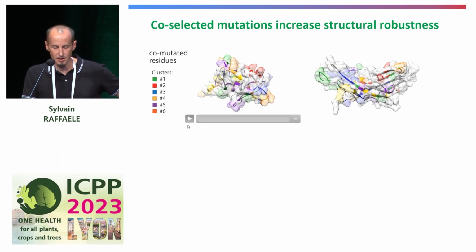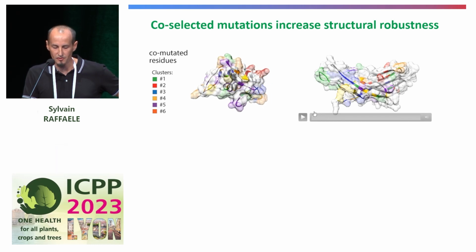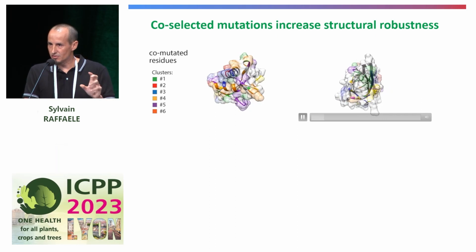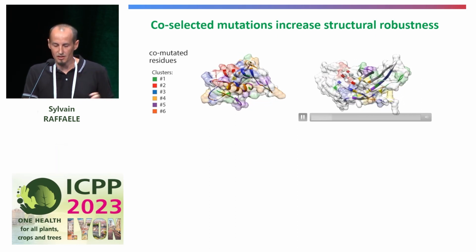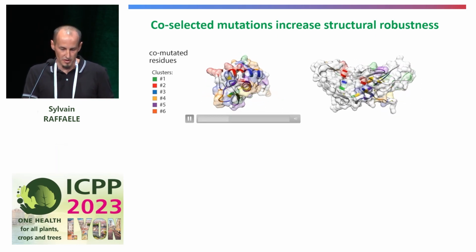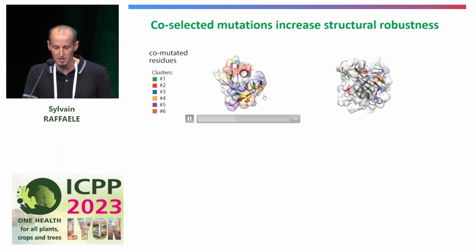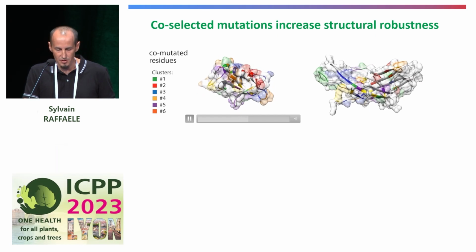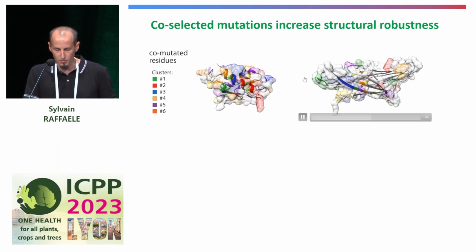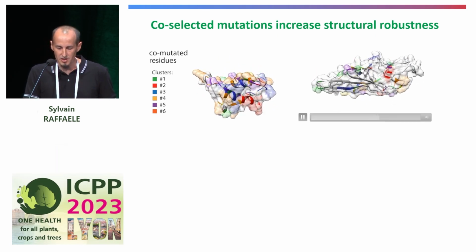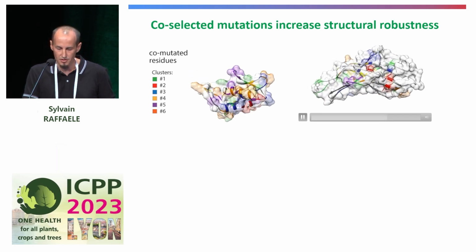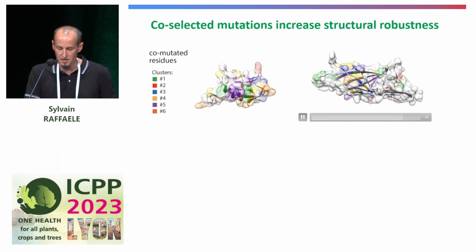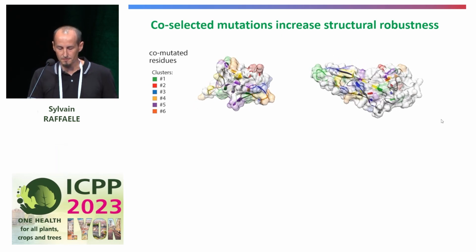You have here the result in two families, where the residues are colored according to the ones with which they co-occur. There's a bunch of clusters of co-mutated residues we could find. Sometimes they really make clusters, like this red one here, but most of the time they are a little bit scattered all across the structure. For instance, this green one has co-mutated residues a little bit everywhere around the structure.